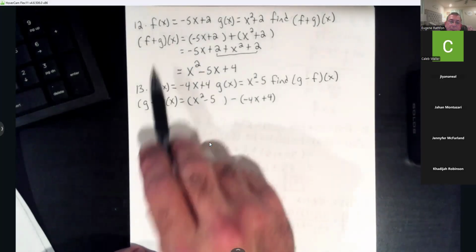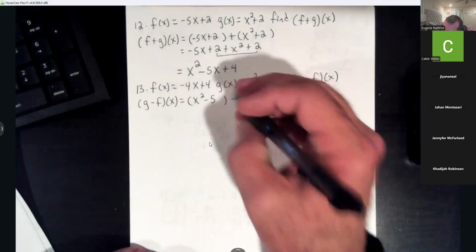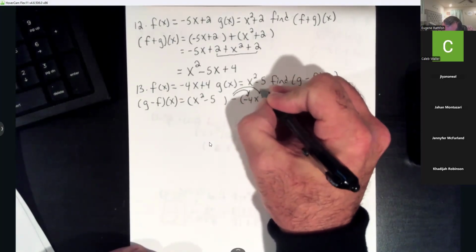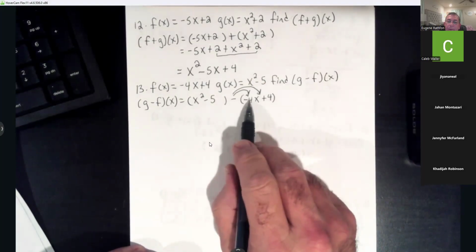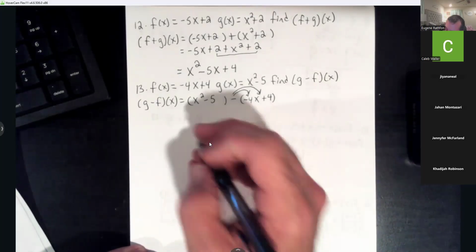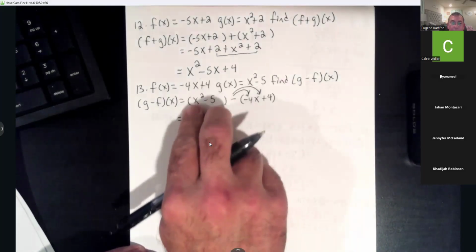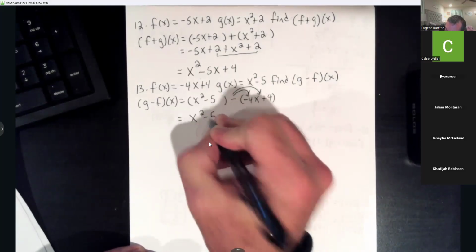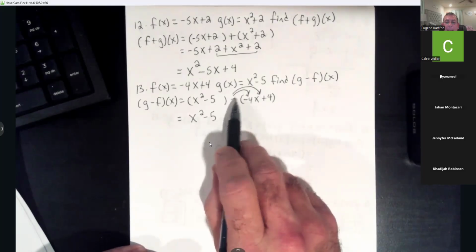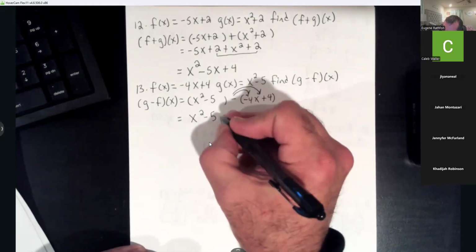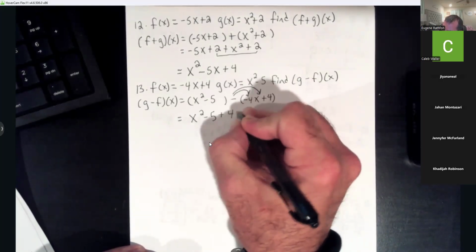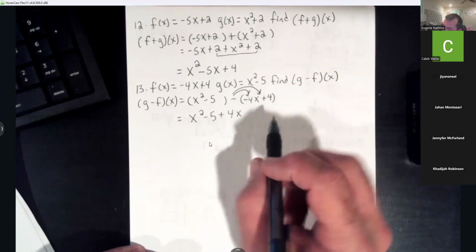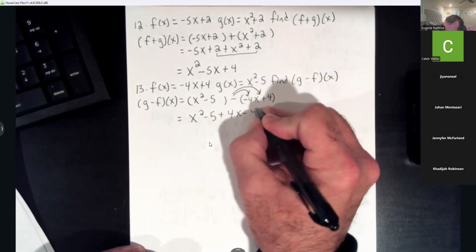Now, the difference between subtracting and adding is you gotta distribute that negative times both of these, okay? So you drop the first parentheses, x squared minus 5. But y'all, a negative times a negative makes that a positive 4x. Negative times a positive makes that a negative 4.